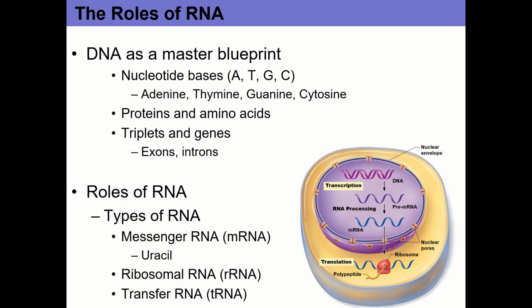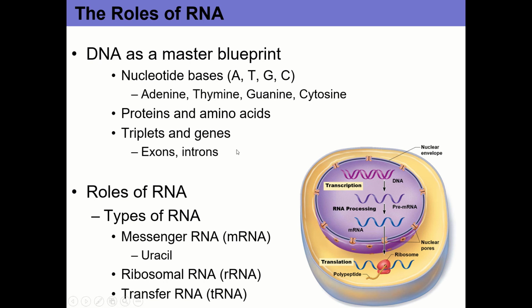So messenger RNA, one of the other things to know about it and why it's necessary is that DNA can't leave the nucleus. So DNA is stuck in the nucleus, but we assemble our proteins by and large in the cytosol of the cell. Well, if the protein's assembled in the cytosol, but the instructions are in the nucleus, we have to get some version of the instructions outside of the nucleus and out into the cytosol. And so it's the job of messenger RNA to do that.